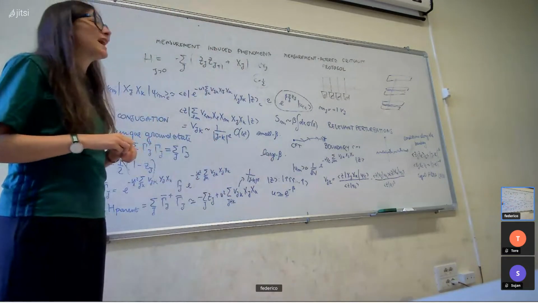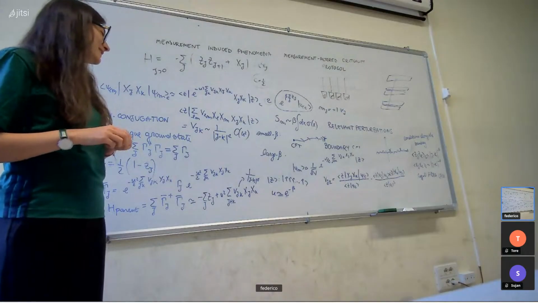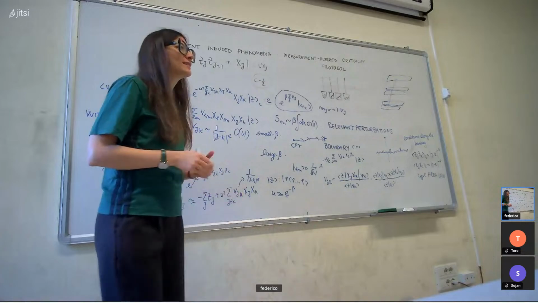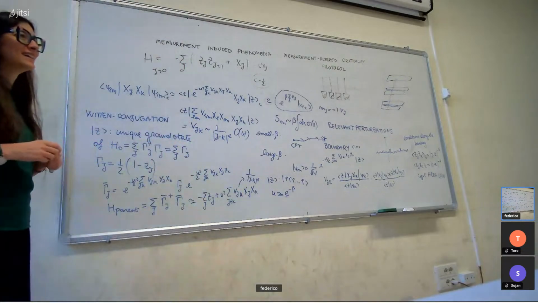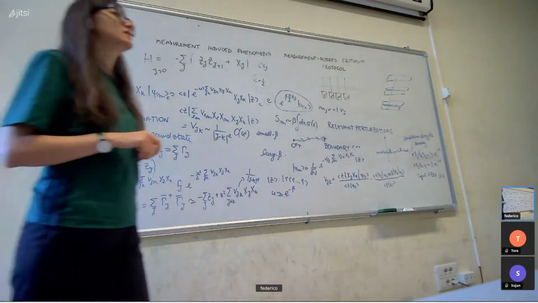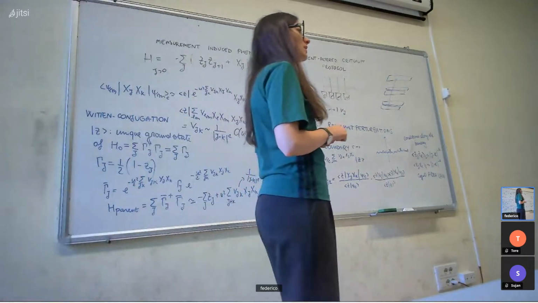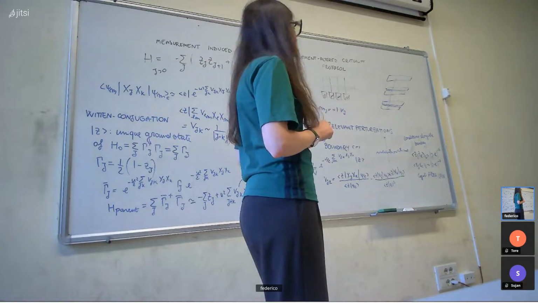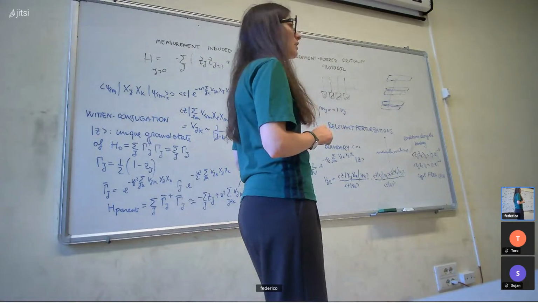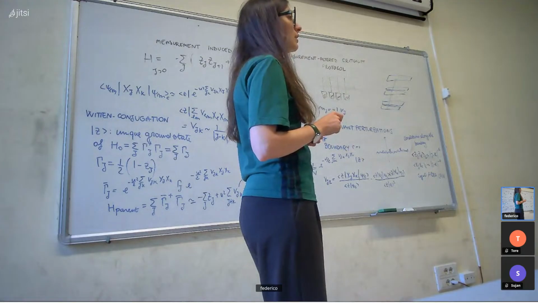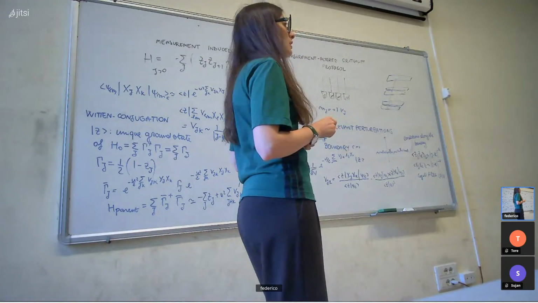If you look at other correlation functions, probably higher order correlation functions, you would probably see scaling behavior which is not algebraic, I would expect.